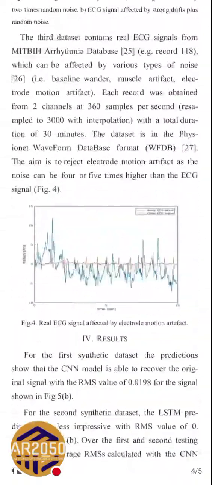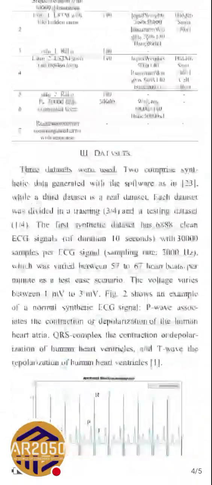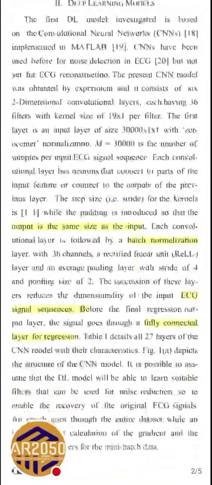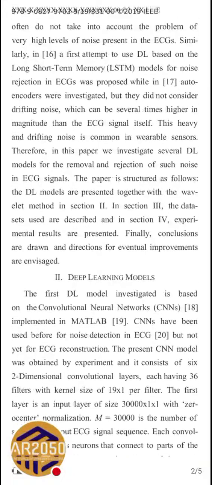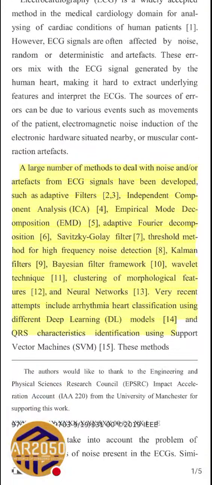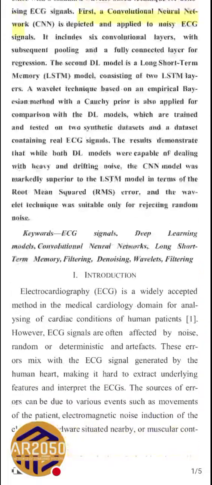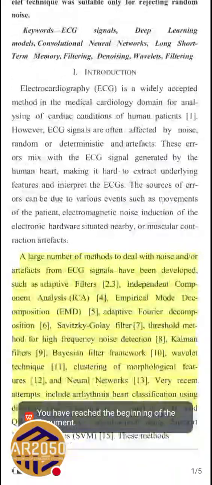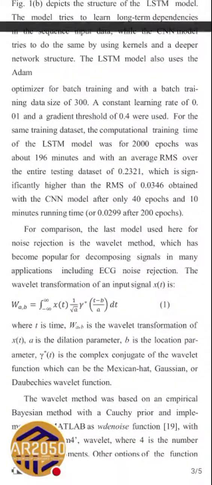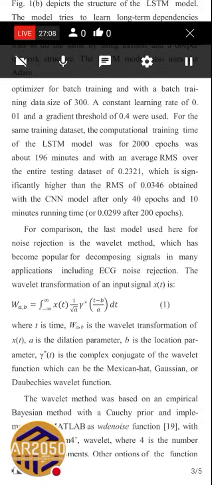So that's all for this paper, and we have seen an overall idea of how we can implement a CNN for denoising, and we learned some denoising techniques and how they approach the dataset. So I think that's all for today's stream. I don't want it to go too long.